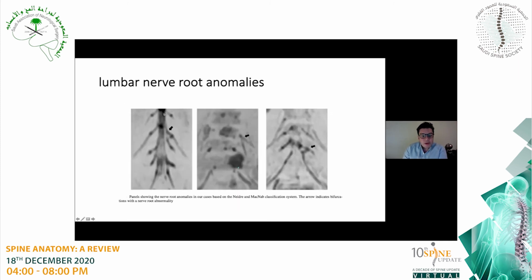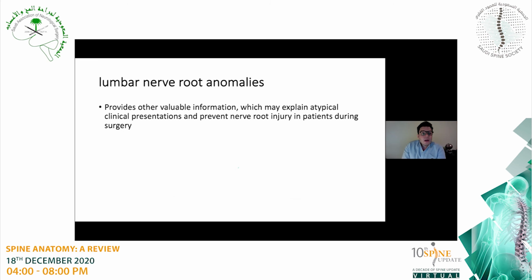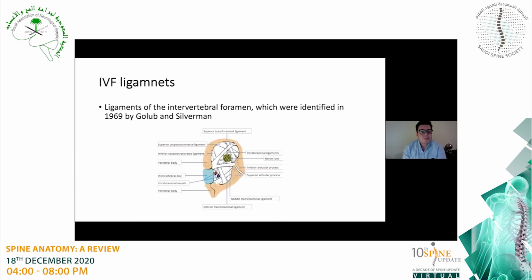I put these images in order to increase our understanding and to correlate it with our clinical scenarios. And this information may help to explain atypical presentation and prevent nerve injury during surgeries.